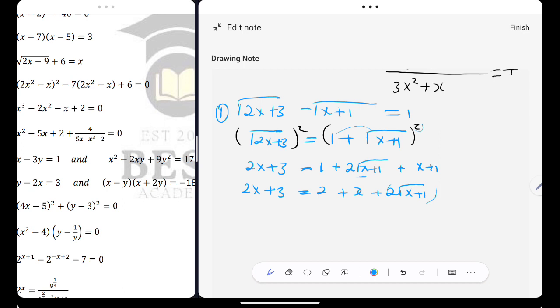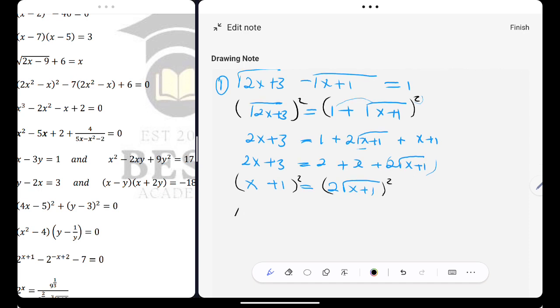Are you together? Whenever I take x to the other side, I'll have 2x minus x, which will give me x, and I'll have 3 minus 2, which will give me a positive 1. I'll do the same thing again, square both sides.